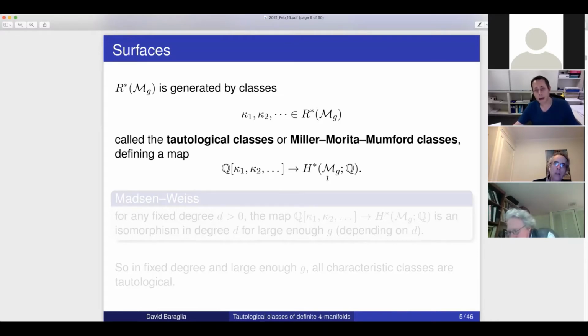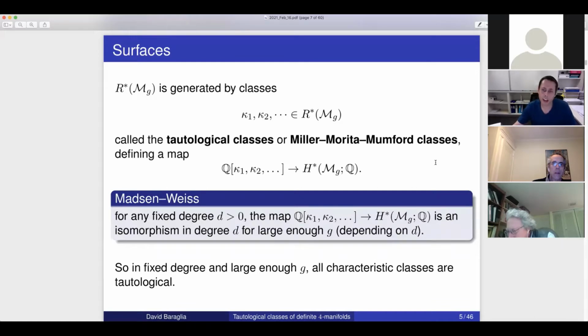So that gives you a map from the polynomial ring in those variables, kappa_1, kappa_2, etc., into the cohomology of M_g. And then the Madsen-Weiss theorem says that if you fix degree and g is large enough, then this map is an isomorphism. So in fixed degree and large enough genus, the characteristic classes are all tautological classes.